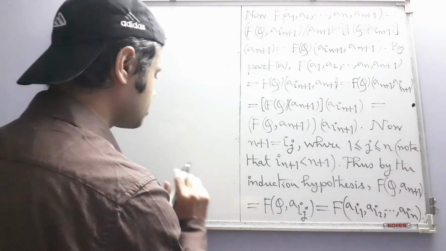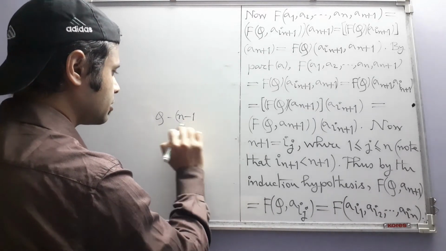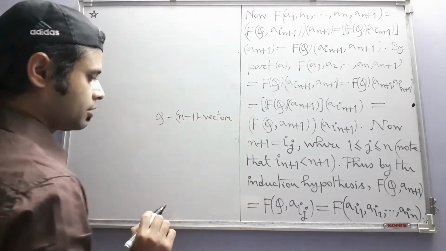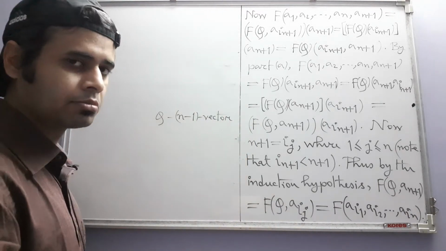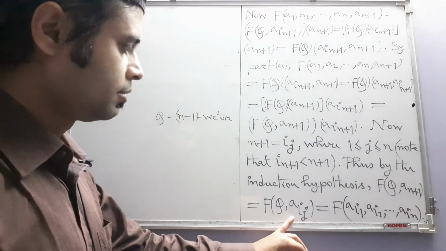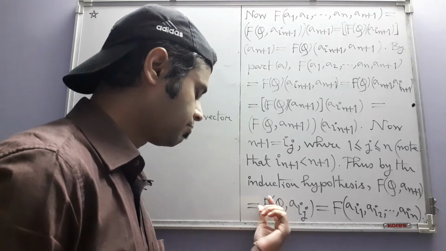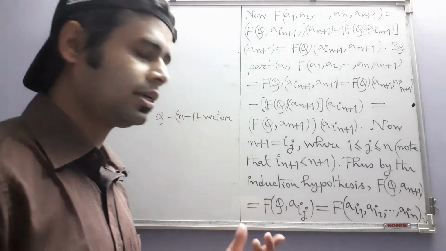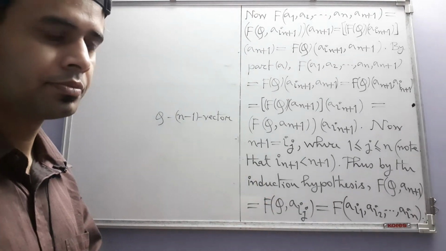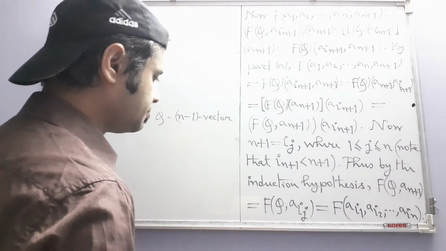Yes, because Q is an n minus 1 vector, and we have one more element, one more symbol. Forget about whether this thing is an n tuple or an n vector of elements. Okay, but there is one more question.